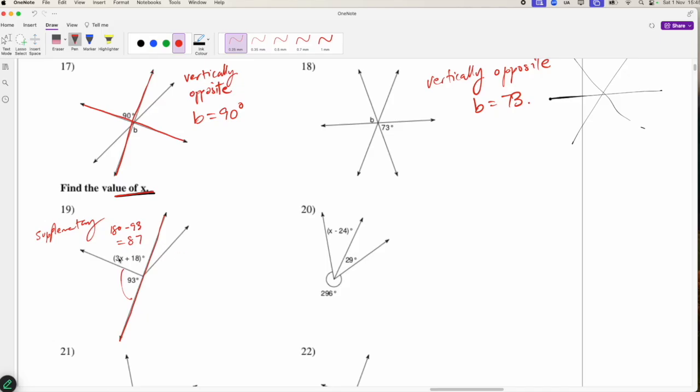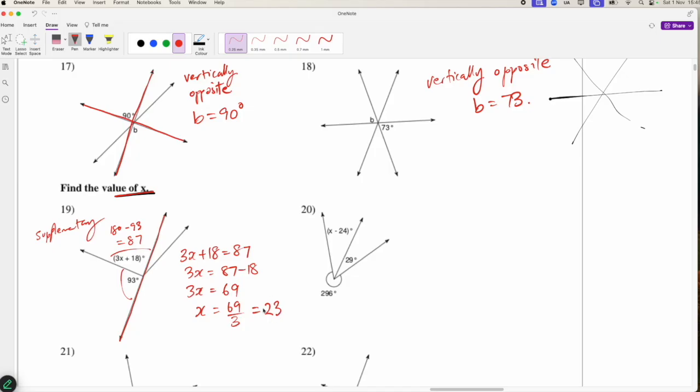That means 3x plus 18 is equal to 87. So 3x is going to be 87 minus 18, which is 69. And then x will be 69 divided by 3, which I believe is 23.